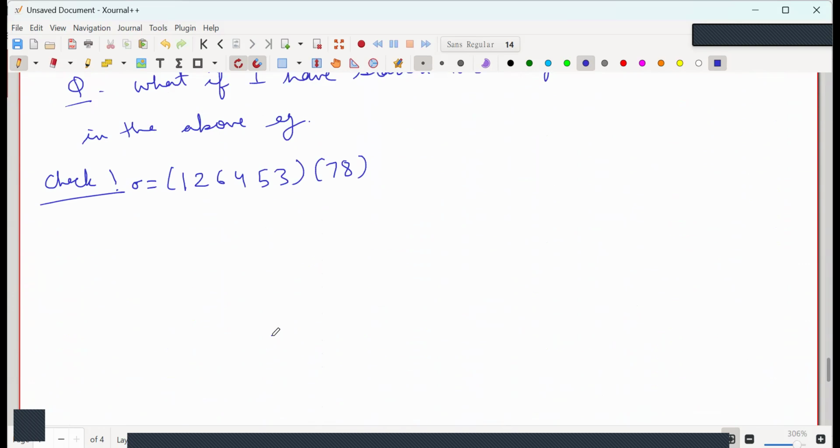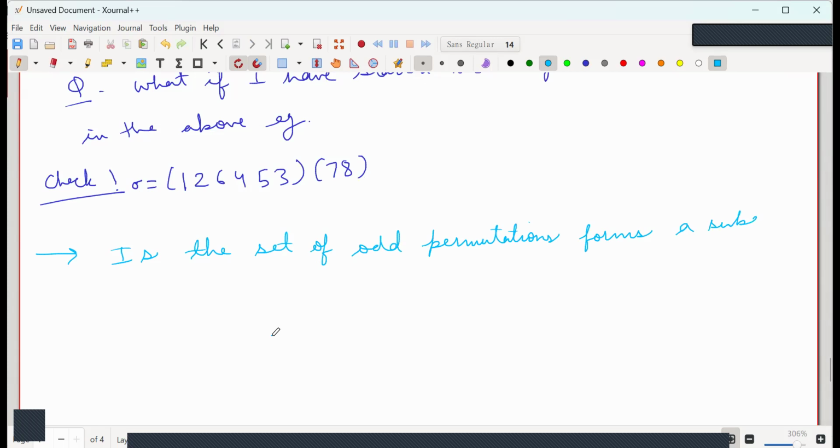So the set of odd permutations forms a subgroup of Sn?